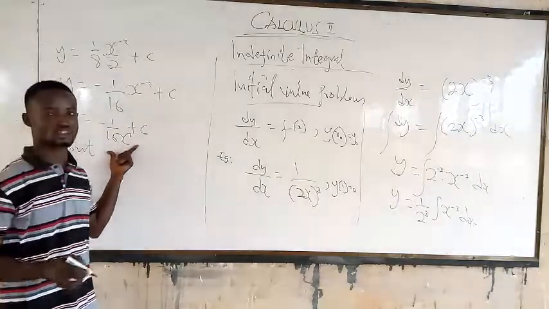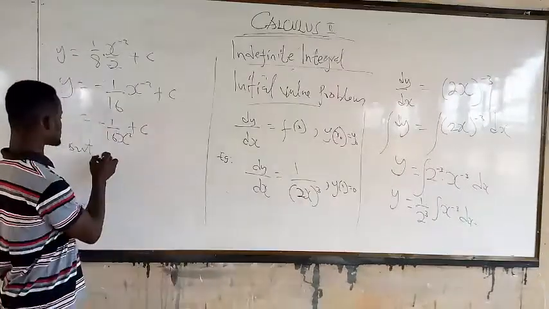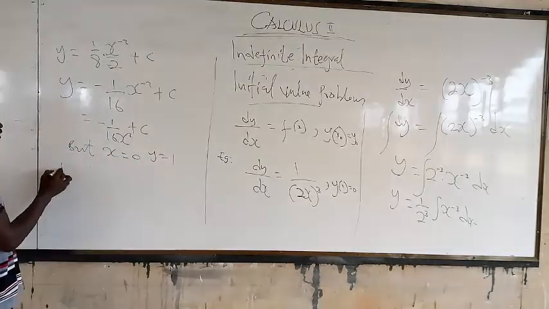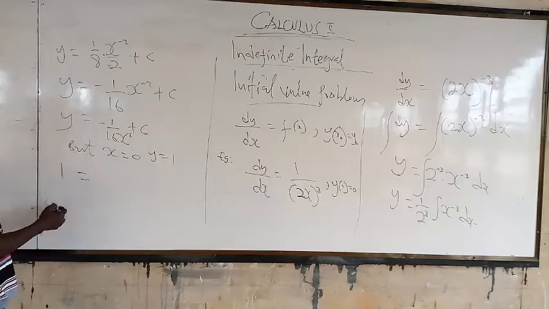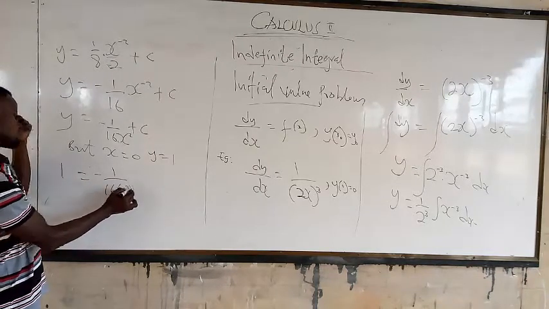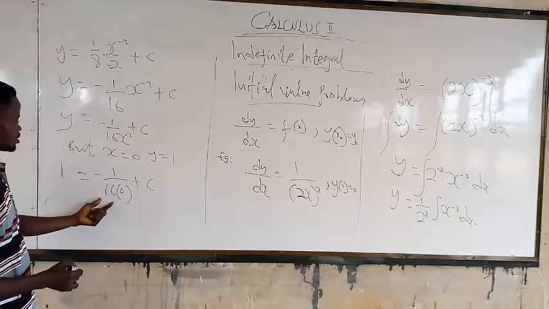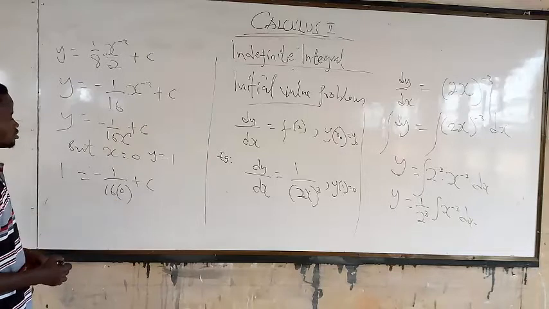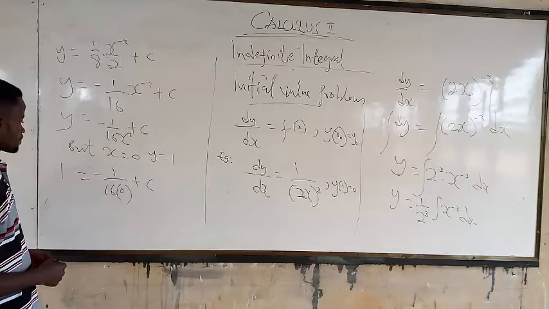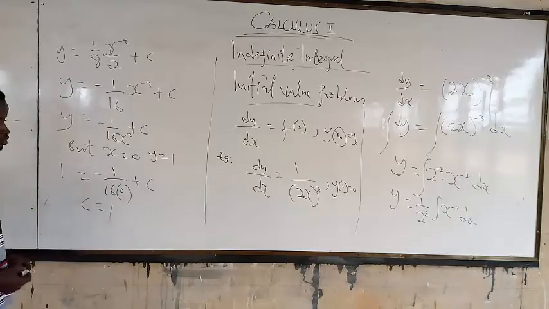But now this is the general solution. So to apply the IVP, we put x equal to 0, y equal to 1. So we get 1 is equal to negative 1 over 16 times 0 plus c. Here we are going to get c equal to 1.